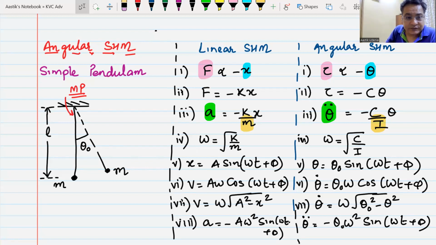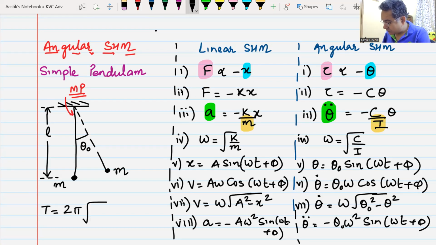Okay. Now, using this equation, we can write the time period of this simple pendulum. Time period of this simple pendulum will come like this: 2 pi root over L by g.